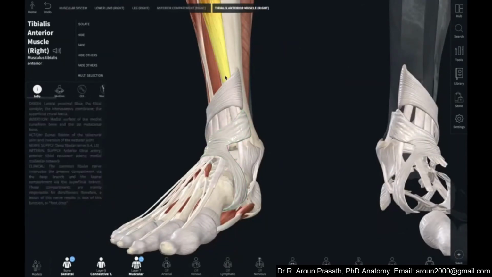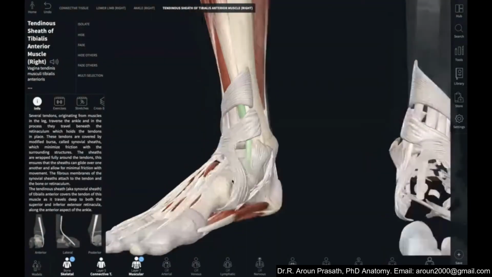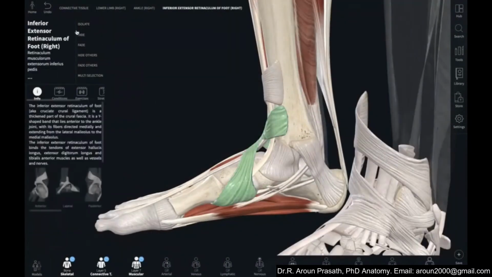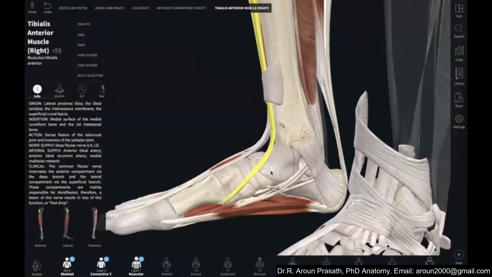The tibialis anterior muscle's tendon comes through the extensor retinaculum and inserts here at the base of the metatarsal. Once this muscle contracts, your foot will go into dorsiflexion.